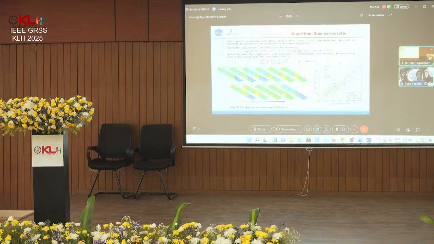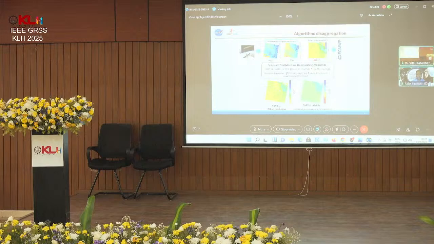If you take a ratio, they can cancel out in the different components. And the images are shown, and this is the validation over the same domain using in situ observations using HH polarization. But we can also do the same retrieval using VV polarization or combine HH plus VV both.